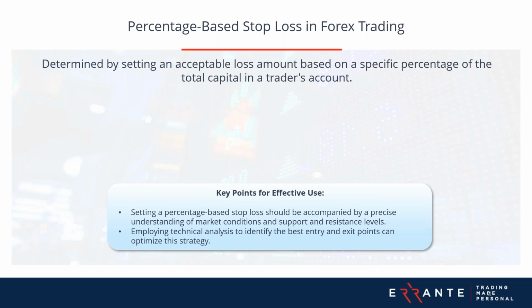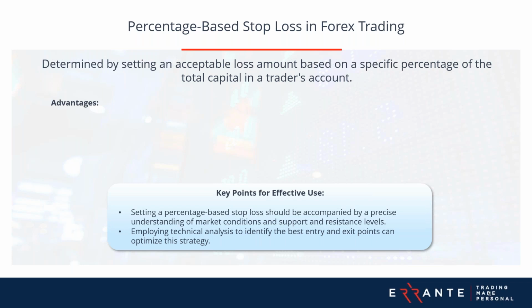Second, employing technical analysis to identify the best entry and exit points can optimize this strategy. This involves analyzing market trends and price patterns and making informed decisions about where to set your stop loss, ensuring it aligns with both your risk tolerance and market dynamics.